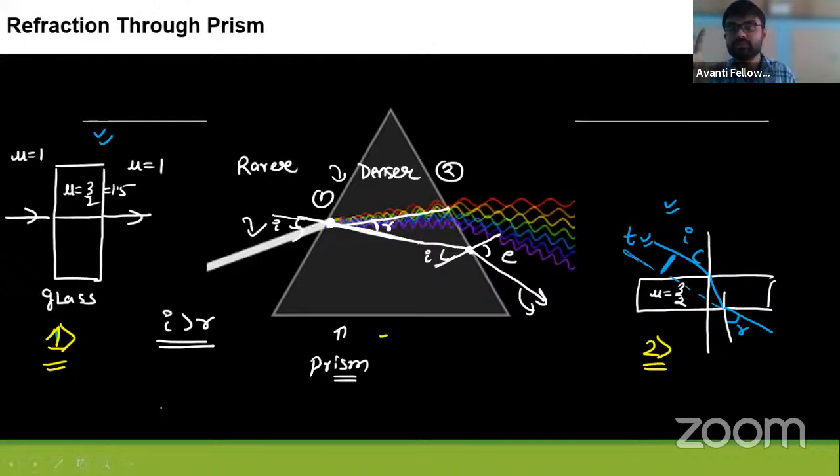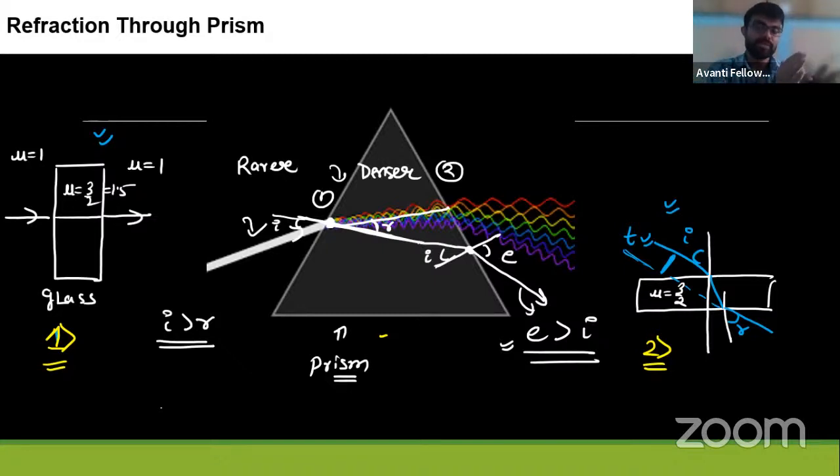So we'll say here that E is greater than I, because it's going into a rarer medium. These are all the things that happen when the ray passes through the prism.